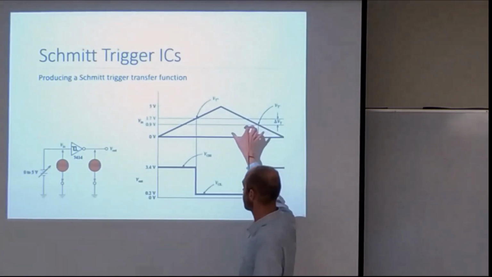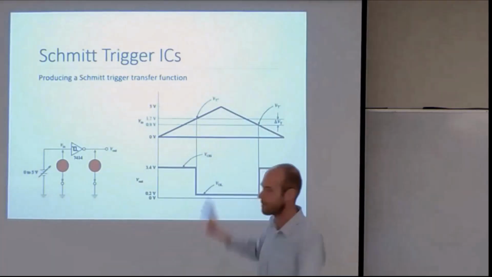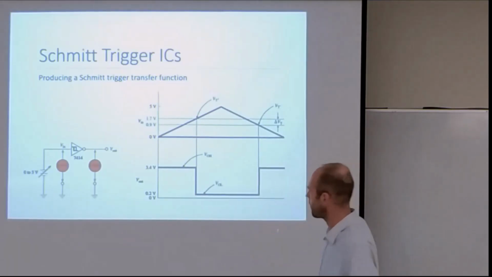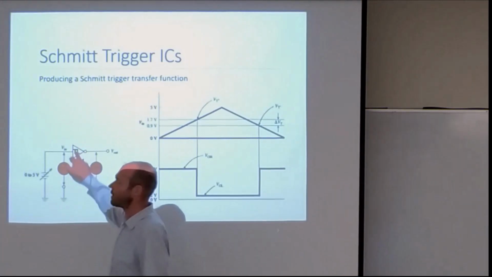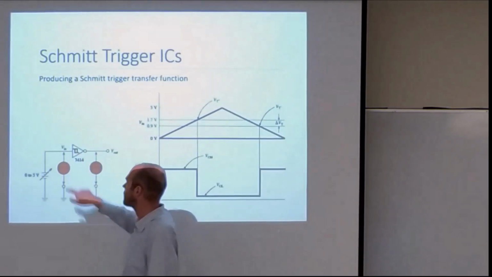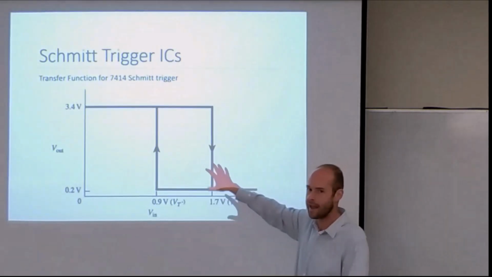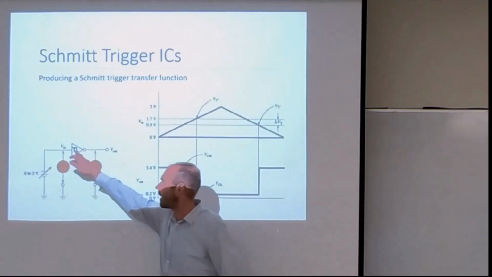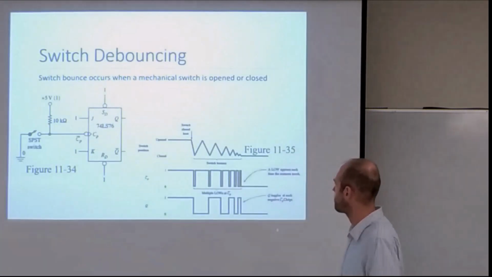But it's shifted a little, not centered around the triangle, because of the noise-absorbing threshold on our Schmitt trigger. The symbol looks like this, showing its transfer function, which highlights what's special about this particular device. You may run into it on a schematic-level diagram.